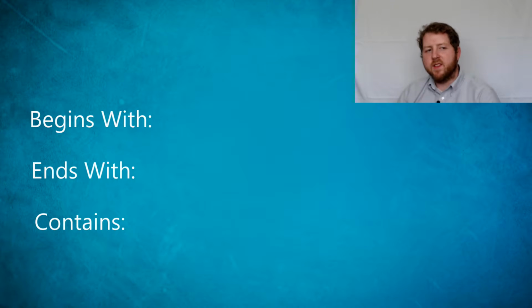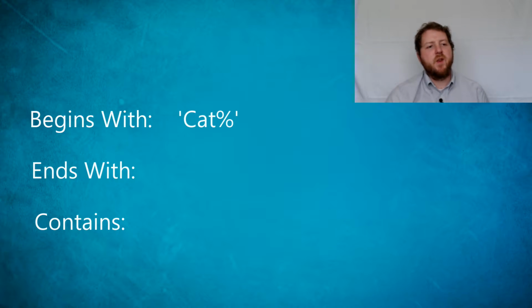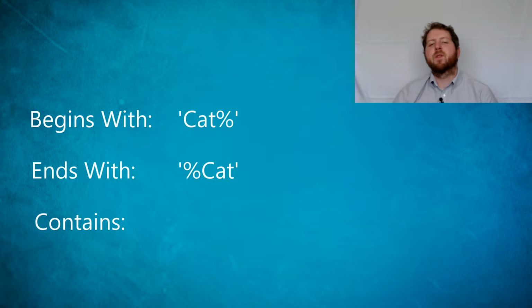For begins with, because it must begin with the word cat, we first write cat, and then because we don't know how many characters will follow, we're going to choose the percentage symbol as our wildcard. For ends with, because it must end with cat, we write cat, and then we place a percentage symbol in the front, because again, any number of characters can precede the word cat.